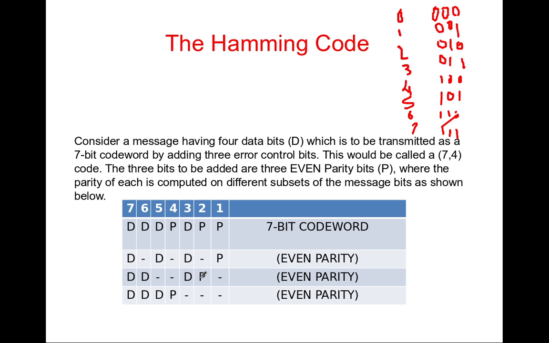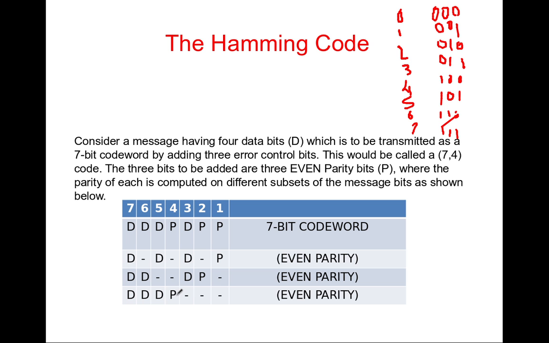So in the case of check bit 2, what is 2? It is 0 1 0. So the second bit is set. So all the data bit positions where the second bit is set. For example, this is 3. Now 6 and 7. So 3, 6 and 7 are the data bits which will be considered while calculating the parity bit 2.